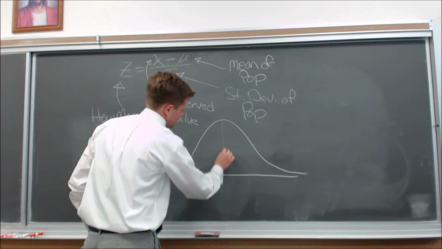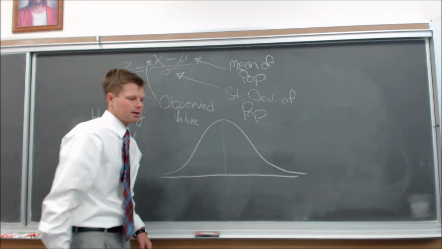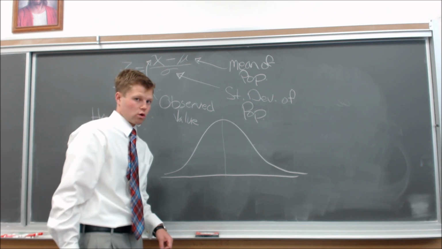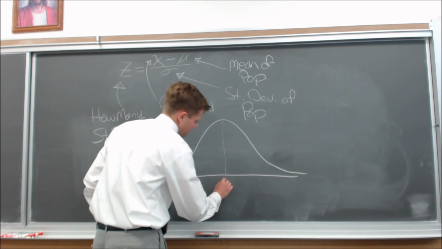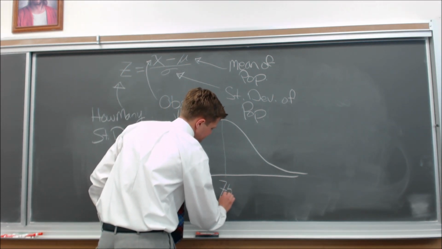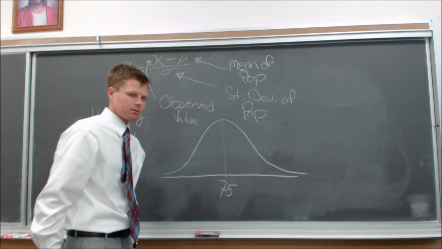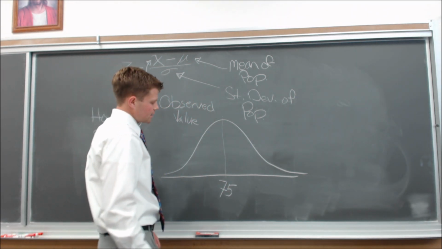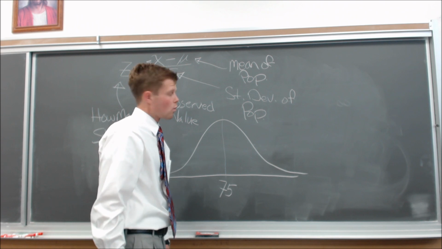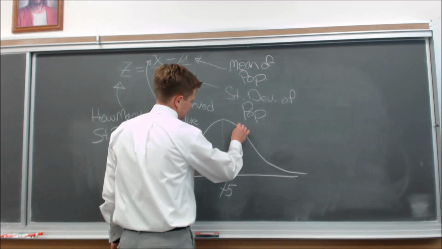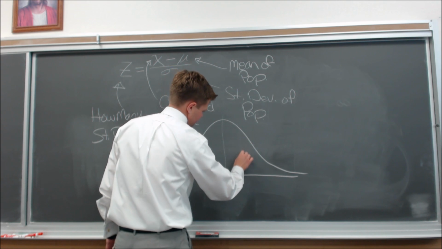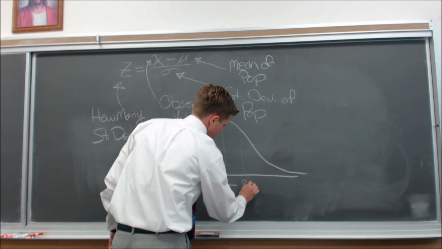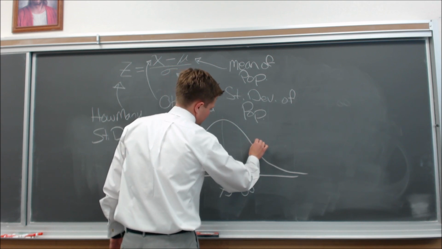We have our mean here, and let's pretend we're talking about test scores. Let's say the average test score was a 75, and our standard deviation was 5. So 5 up would be a score of 80.